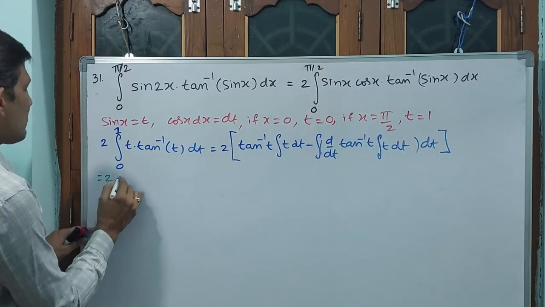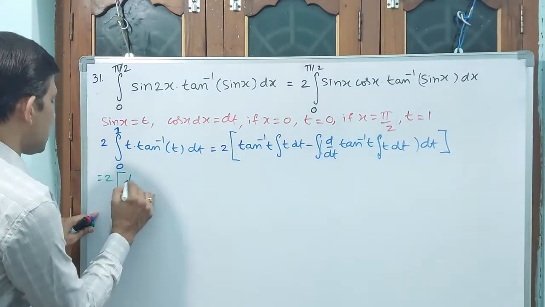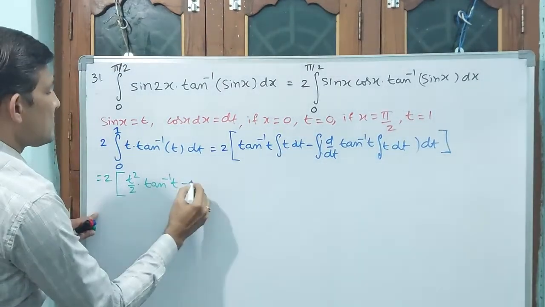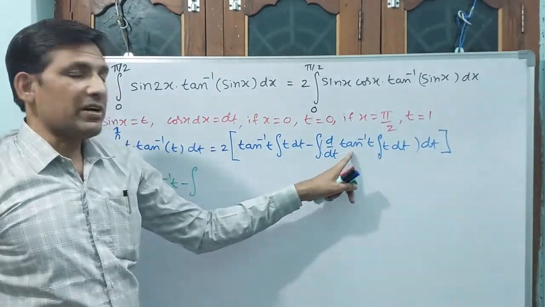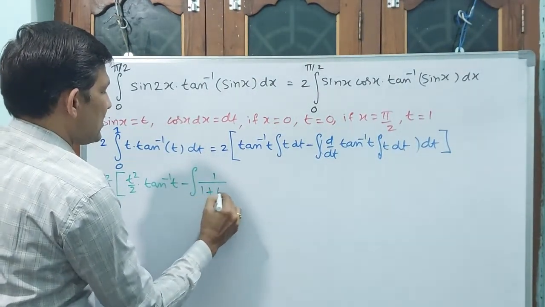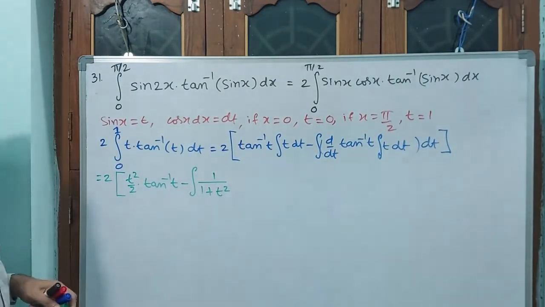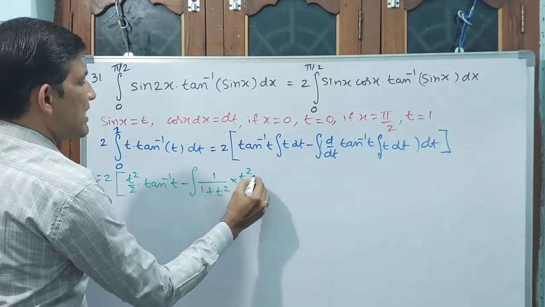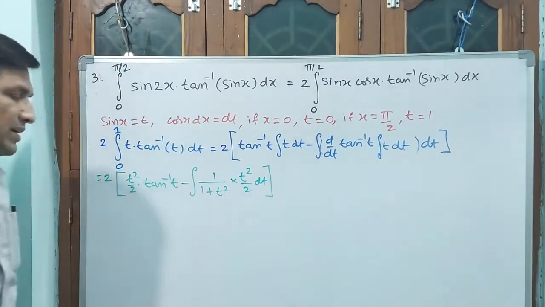That is equal to 2 times of, see, integral t is t square by 2. Now t square by 2 into tan inverse t, minus integral of 1 by 1 plus t square, the derivative of tan inverse t, times t square by 2, dt.